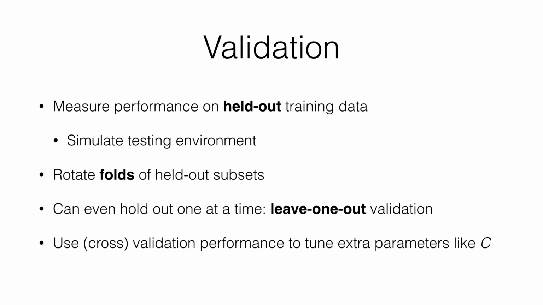For every fold we do, we get one more example of how our learning algorithm will perform. And then finally, we can do the extreme of that, which is you hold out one example at a time, which is the leave one out validation framework. In that situation, you're getting a really good estimate of how your learning algorithm will perform because you're training on n minus one examples, which is very close to n examples.